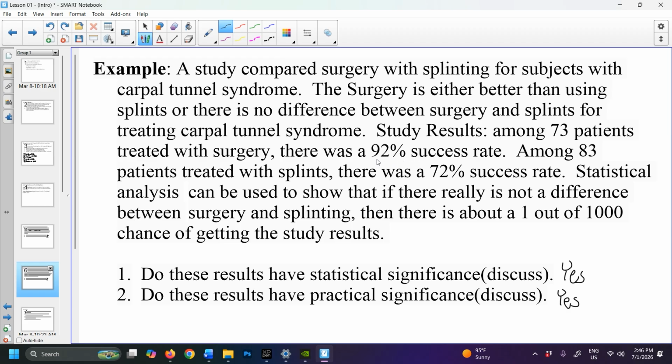Or are you concerned about having a surgery where you might have to be put under and actually have things cut? An actual surgery means that they're going to cut tendons, reconnect things, whereas a splint may not be as invasive. You just wrap something around your wrist every day. So even though the results have practical significance, there's still some discussion to be made upon which method you choose.